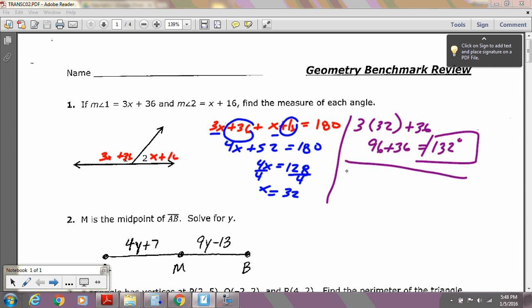And now I need to do the same thing for the second one. X, which is 32, plus 16, and that would give me 48 degrees. So this is the measure of angle 1, and this is the measure of angle 2.